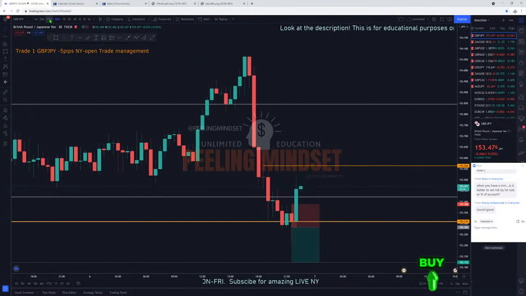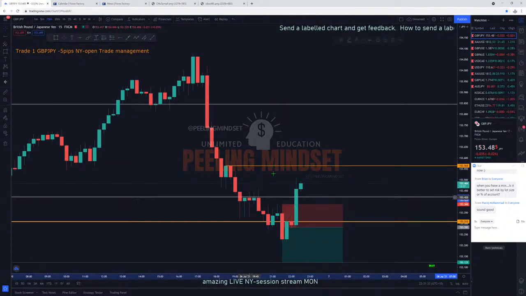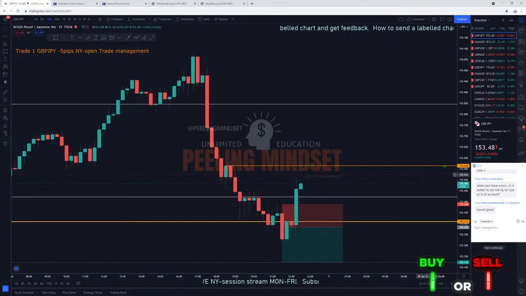Wow. Pound yen is pushing up. Let's see if above 153.565 could be any good.